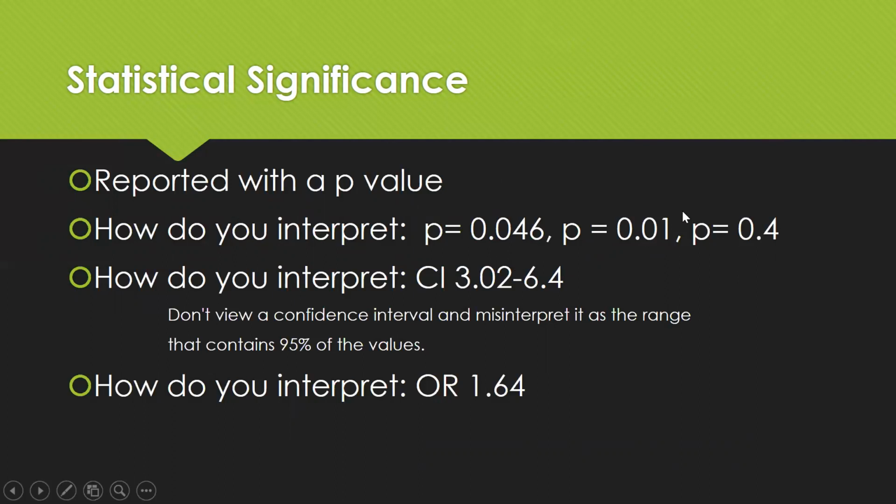So remember, this is the likelihood that 1 out of 100 of the observations were actually found by chance. Here we have 4.6 of the observations were actually found by chance. So all 3 of these values could be considered significant depending on the level of significance that the researcher selects.